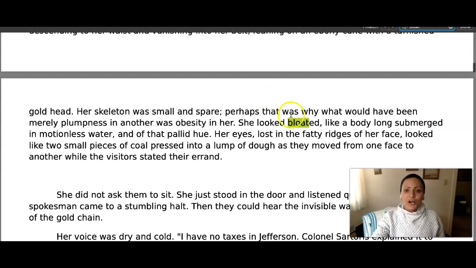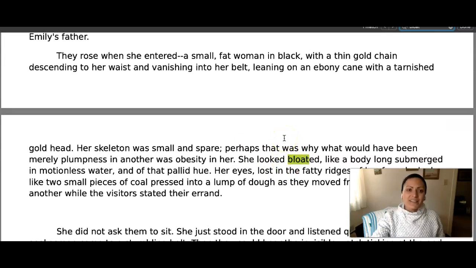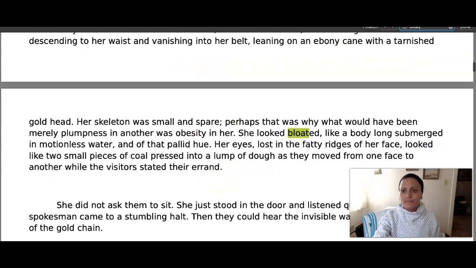And Emily is repeatedly described as, even in life, having this sort of bloated corpse-like look. Notice here, they talk about her skeleton as she's walking around. That's usually a word that you would associate with death. So do you see how death and decay are being already woven into descriptions of this woman's life?